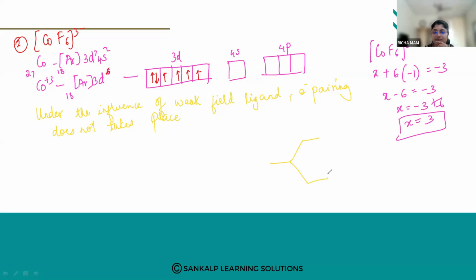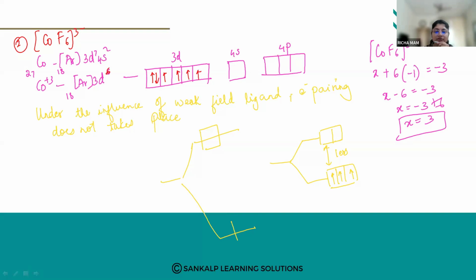I'll tell you. When the splitting takes place, the distance between the levels is very small. After filling the 3 electrons, if the distance is high, it is difficult for the next electron to go above, like in the previous case when we had a strong field ligand.